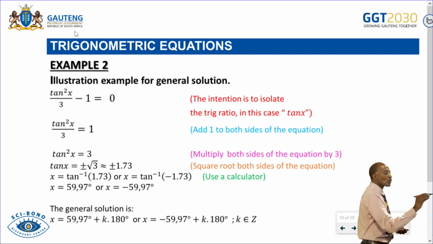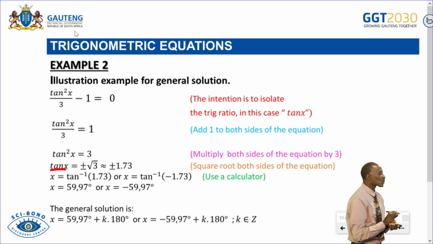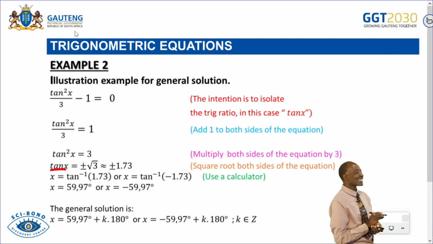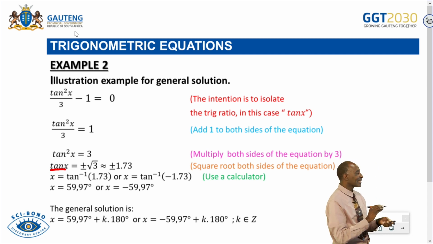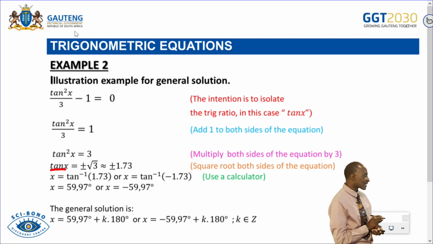Then you take square root of both sides. When you take square root of both sides, you'll have on your left hand side tan x equals plus or minus square root of 3, which is approximately plus or minus 1.73, correct to 2 decimal places.